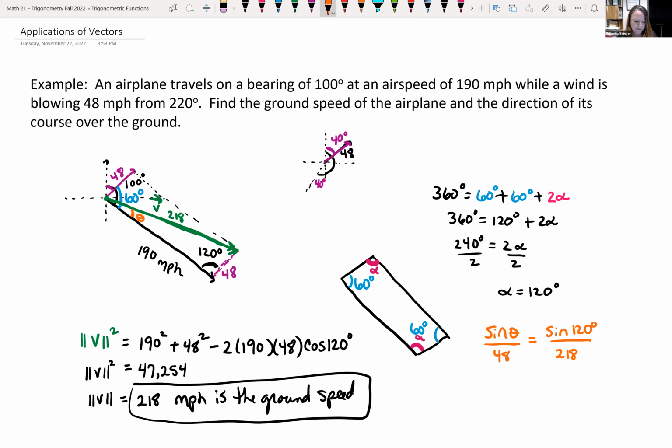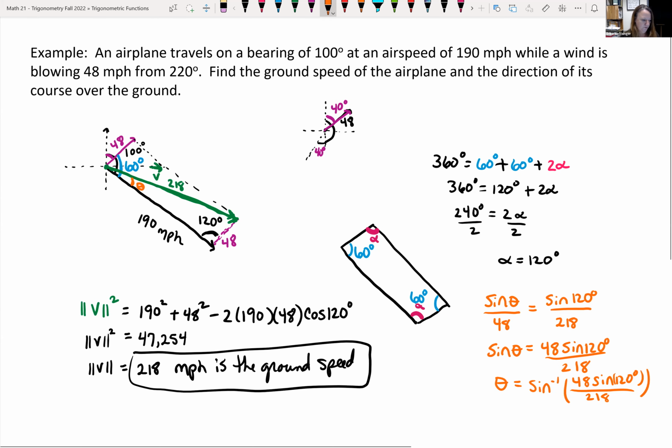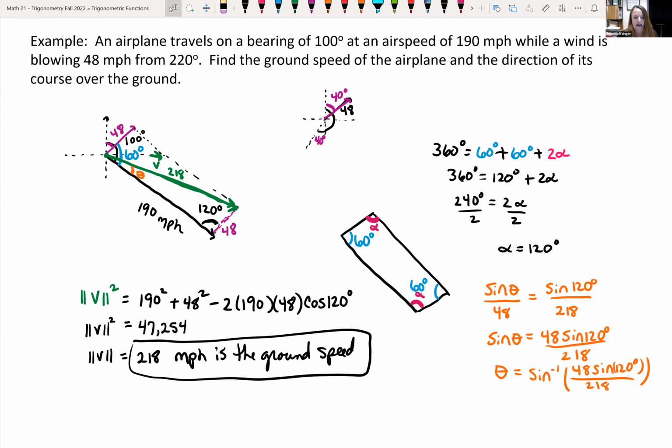If I multiply both sides by 48, I get sine theta is equal to 48 times sine of 120 degrees all over 218. So theta is going to equal sine inverse of 48 times sine of 120 all over 218. If we plug that into the calculator, we should get that theta is approximately 11 degrees.